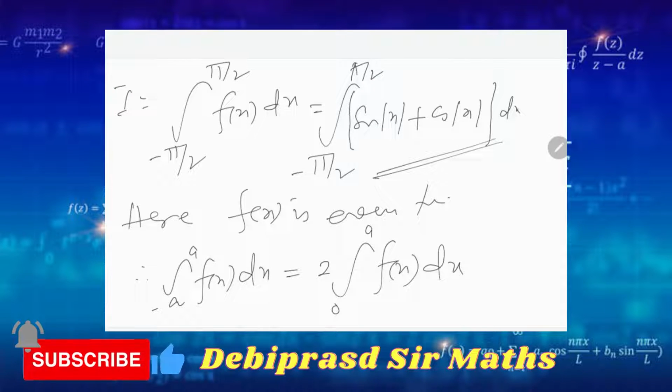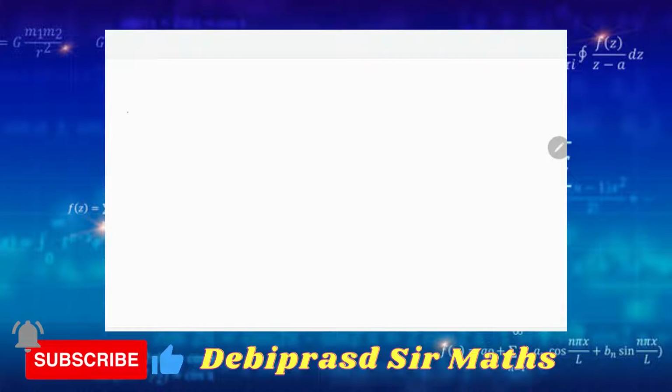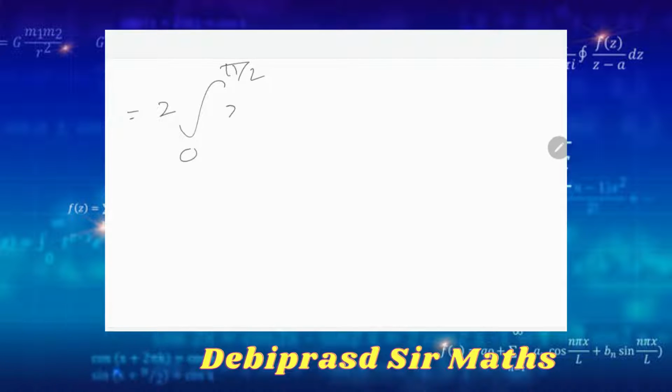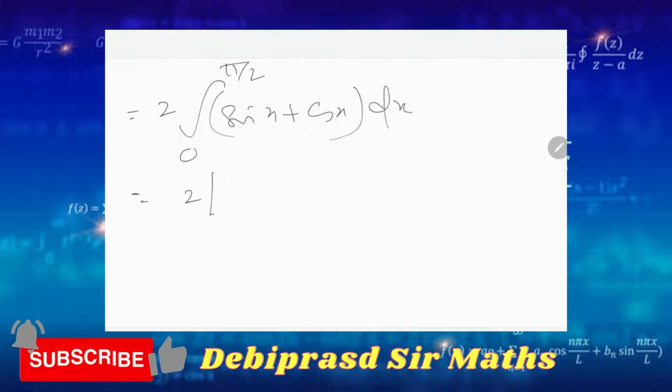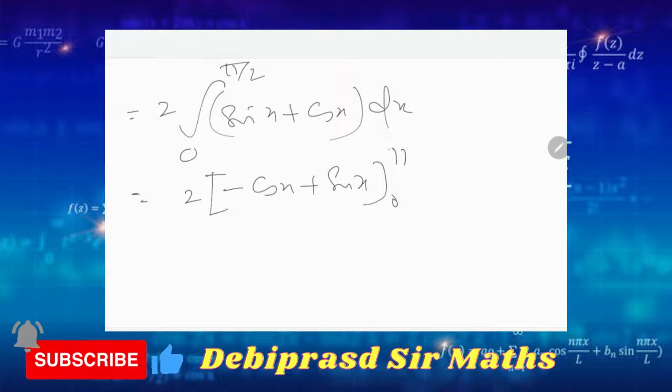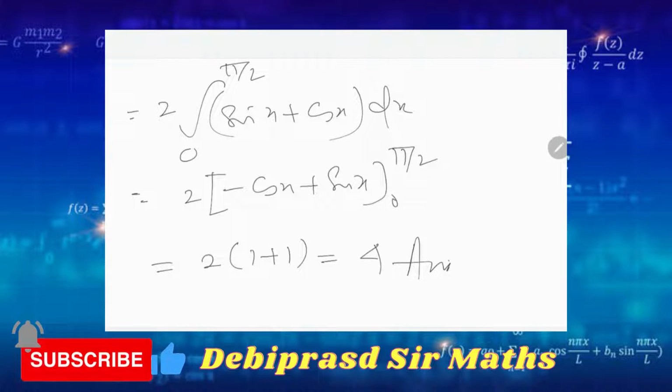So from there, I can directly write 2 times integral 0 to pi by 2 of sin x plus cos x dx. So simple integration: 2 times minus cos x plus sin x from 0 to pi by 2. After putting this value, we will get 1 plus 1, this is 4. So 4 is the answer of sum number 4.